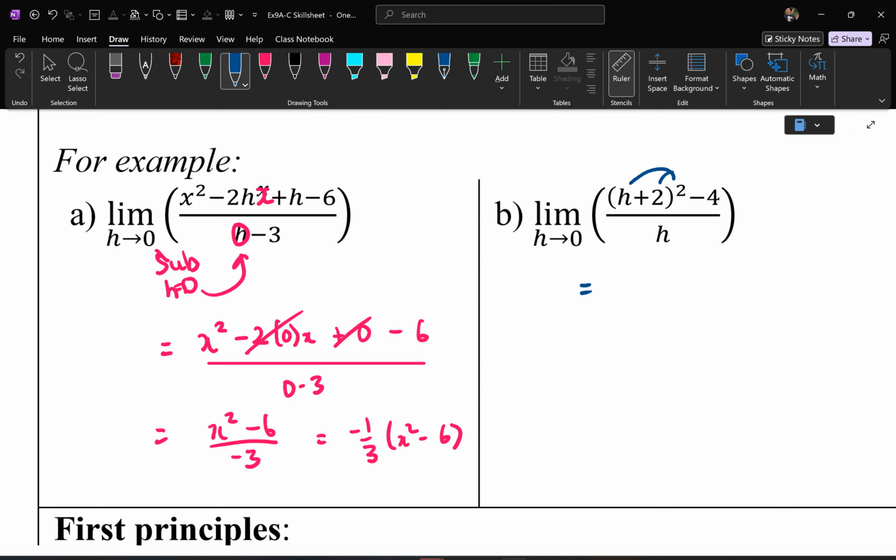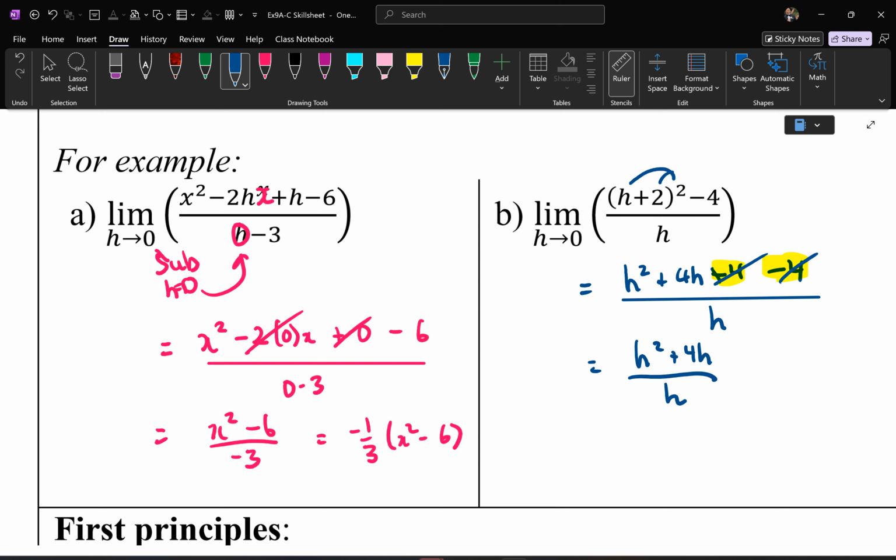Let's try expand. You get h squared plus 4h plus 4 minus 4, all over h. Conveniently, 4 take away 4 cancels out. You get h squared plus 4h on h.